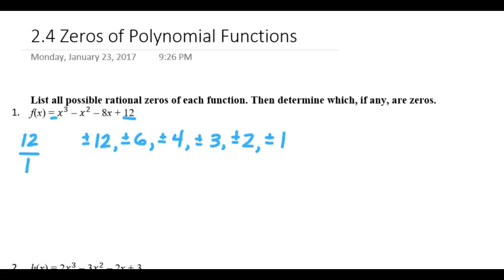Now there's a couple ways we can figure out which ones are actually zeros. To save you some time, I'm just going to show you how to look at one of the numbers two different ways here. So let's look at 2, for instance. One thing I can do is simply take f of 2, and that's going to be 2 cubed minus 2 squared minus 8 times 2 plus 12.